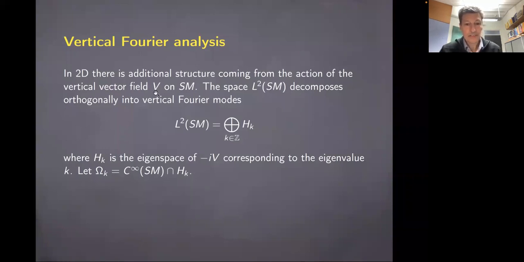There is a vertical vector field that I call V, and the eigenspaces of this decomposition I denote by HK, and the C-infinity ones: if I take the intersection of C-infinity functions with HK, I call these objects Omega K.